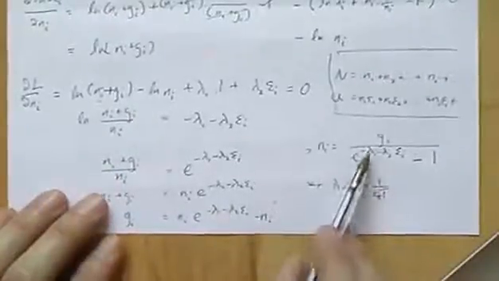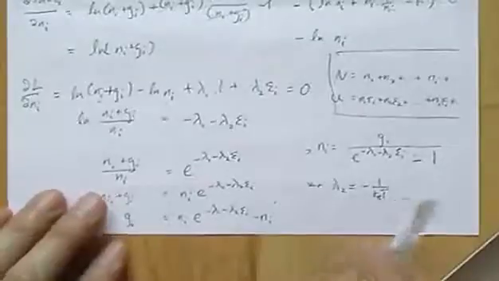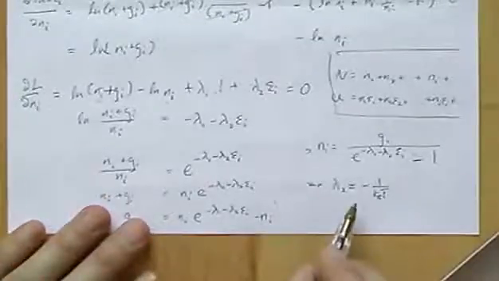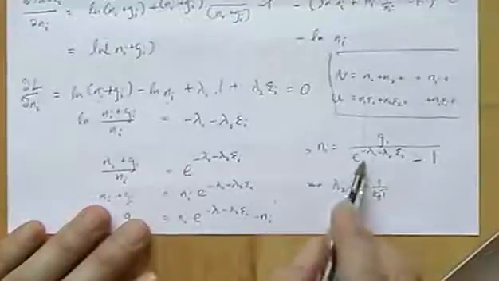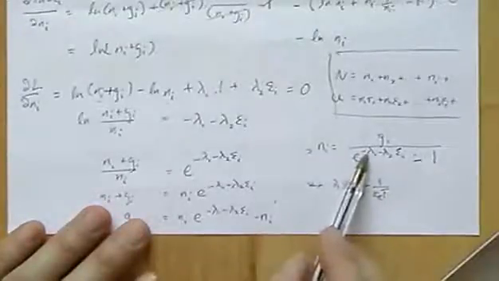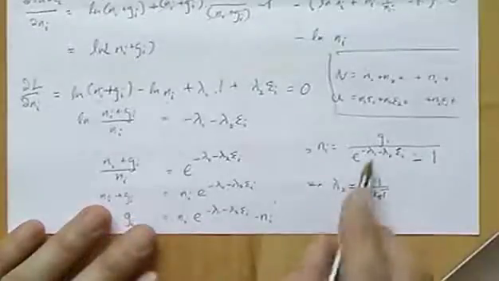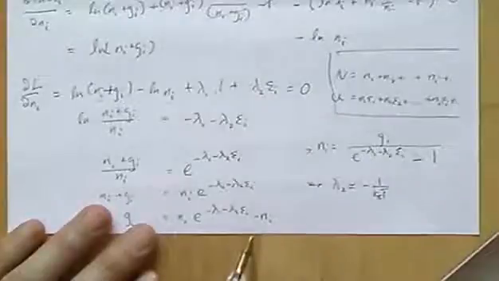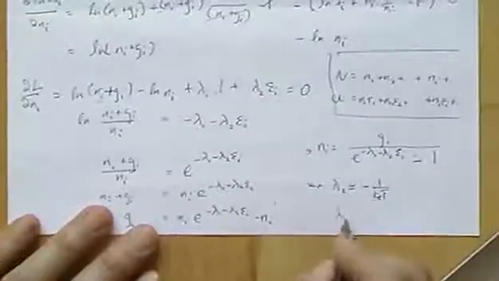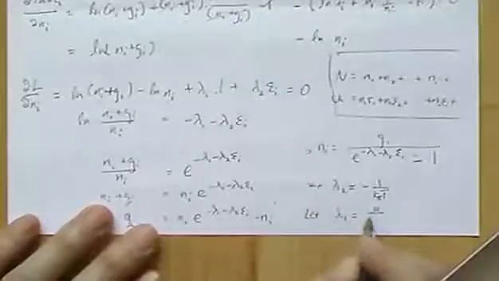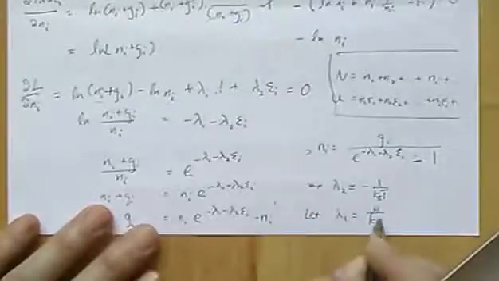Lambda 1 is determined by the number of particles, and like for the case of electrons, which has a very similar form for its distribution, we are going to use mu for lambda 1. We are going to let lambda 1 be mu over kBT, where mu is another constant.